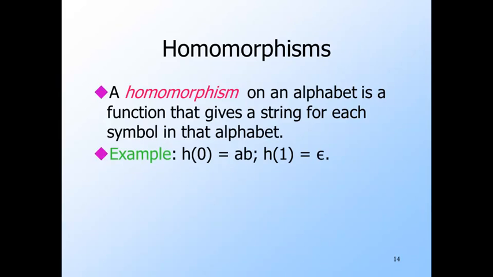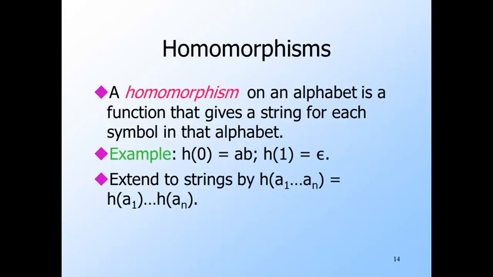This homomorphism H replaces every 0 by the string AB and replaces every 1 by the empty string. We apply any homomorphism to a string by applying the homomorphism to every symbol of the string in order and concatenating the results. For example, if we apply our homomorphism H to the string 0, 1, 0, 1, 0, each of the zeros gets replaced by AB, and the 1s effectively disappear because they are replaced by the empty string.